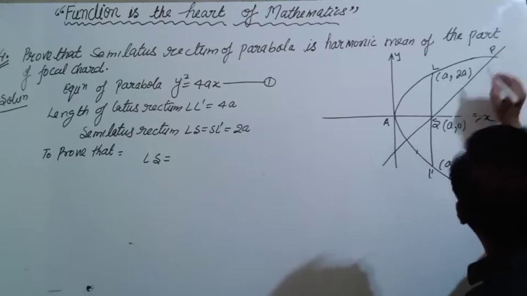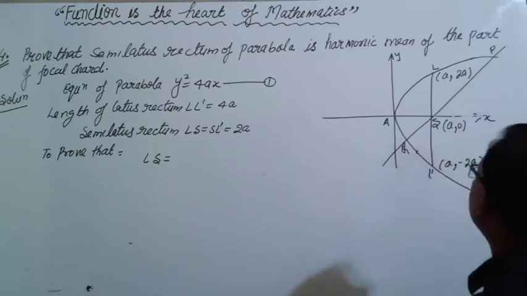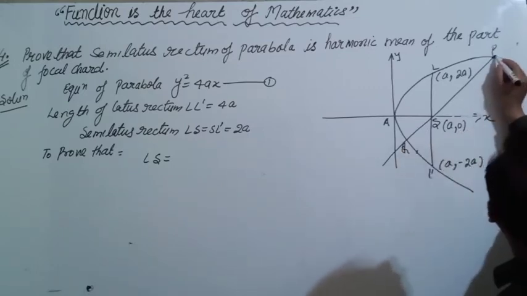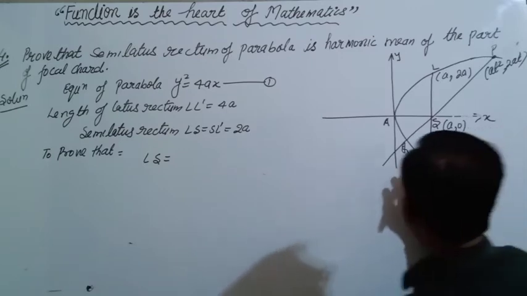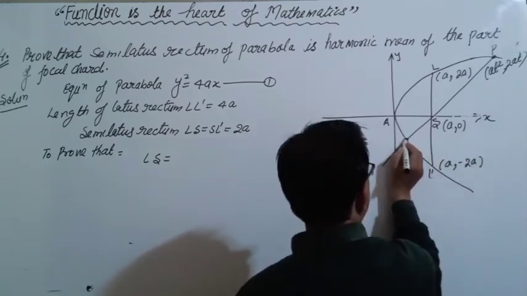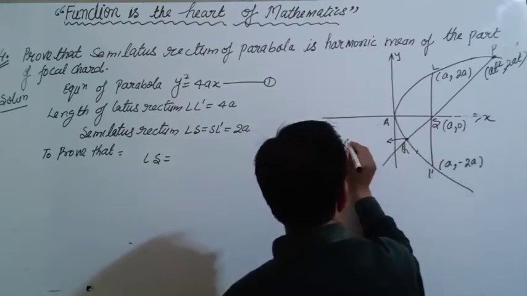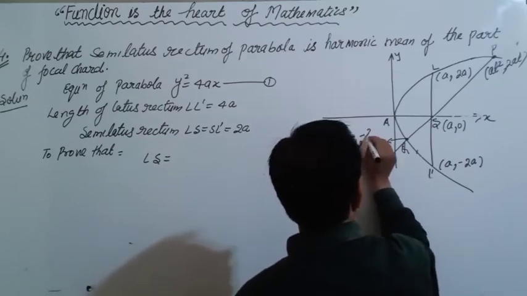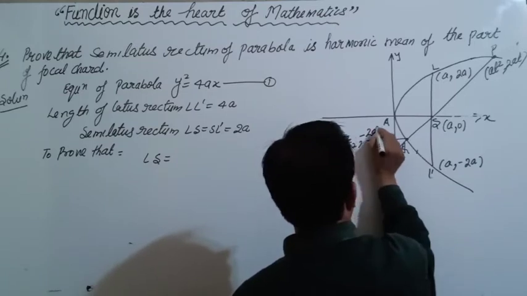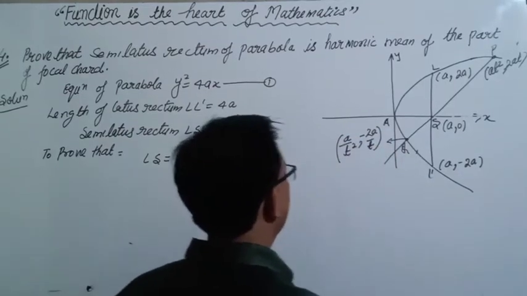This PQ is a focal chord, and the coordinate of this point is at², 2at, and the coordinate of this point, here we write, a upon t², minus 2a upon t. Okay.